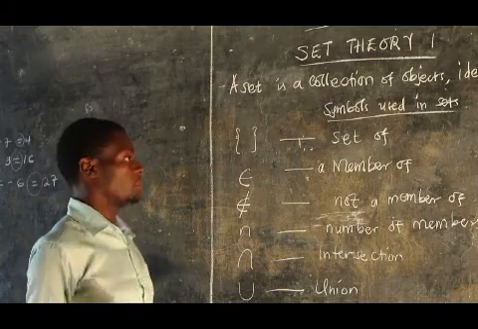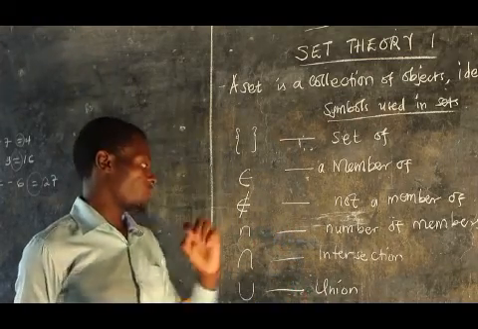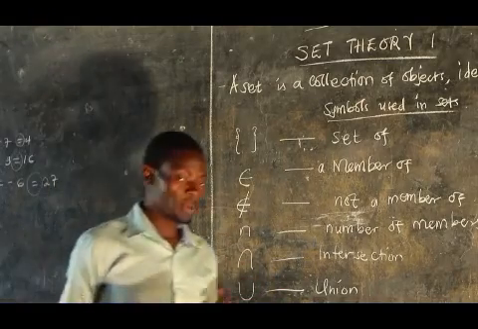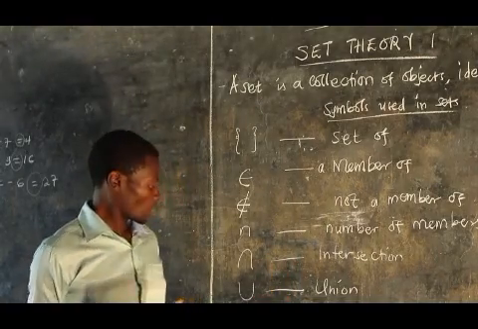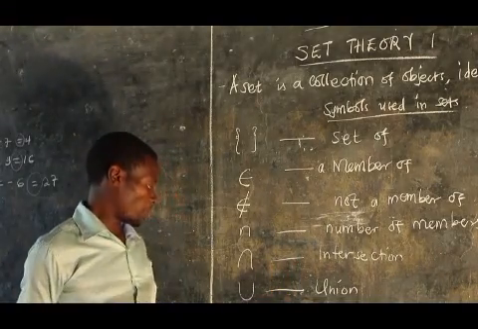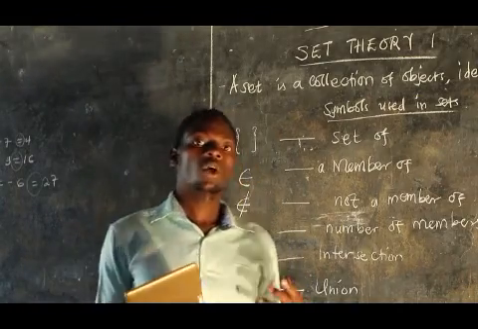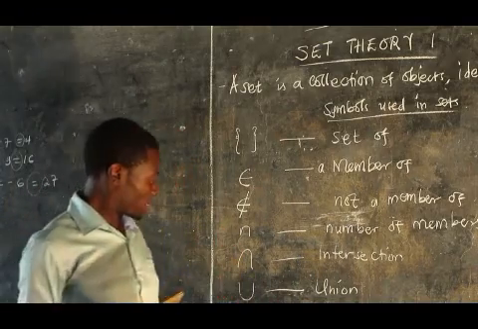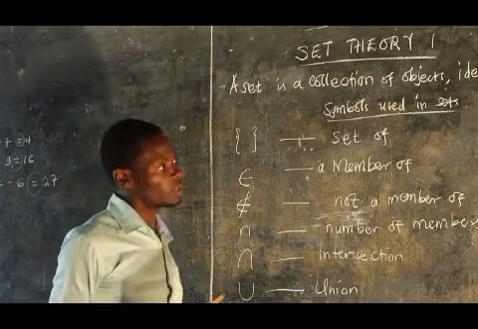If it's set A and B, it means the union is the combination of members from set A and set B. Universal set comprises of everything in the sets given. Now this is complement. If they say set A complement, they mean all elements which are not included in A. So you write all the elements which are there except those ones in A.